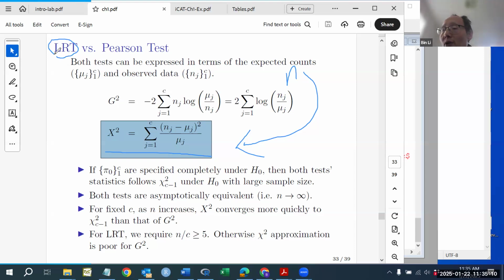It can be applied to more complicated cases where the Pearson's chi-square test may not be available. That's why the likelihood ratio test is one of the most popular tests in statistics. It's a very general test. The idea is simple and it can be applied to different situations. Okay, so that's the reason.